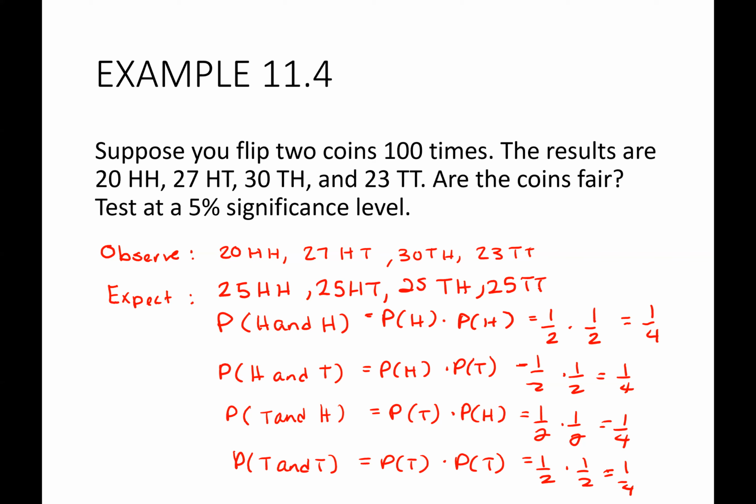So we're not going to be able to draw a table using categories like head-head, head-tail, tail-head, and tail-tail. We can't do that. We need our categories to be numeric.